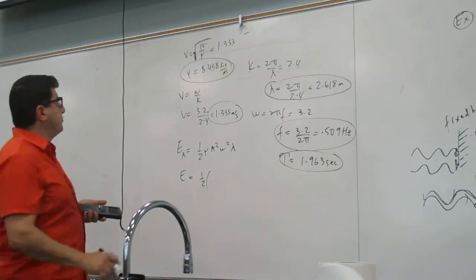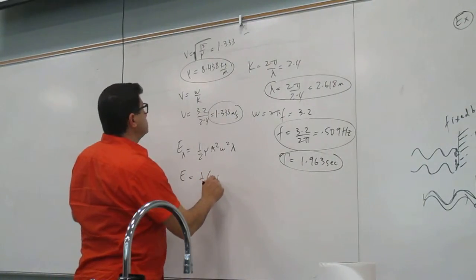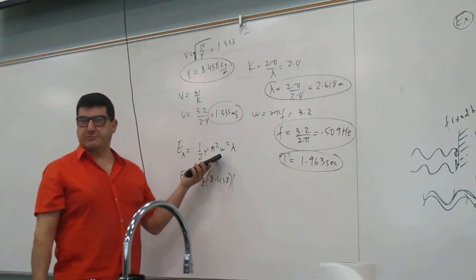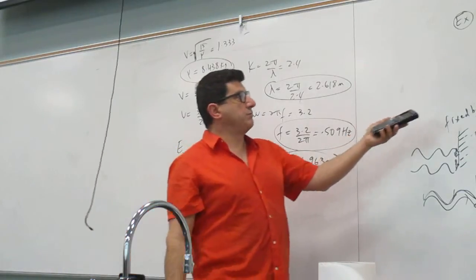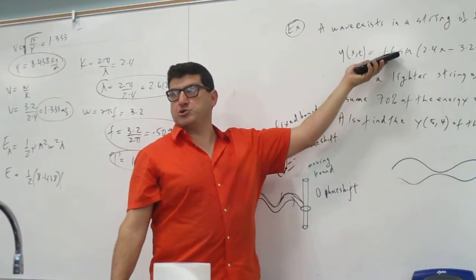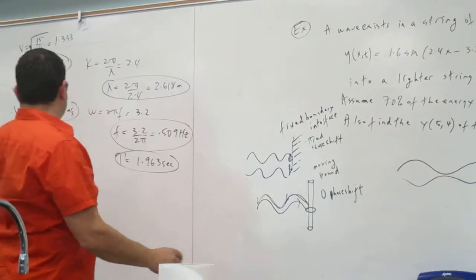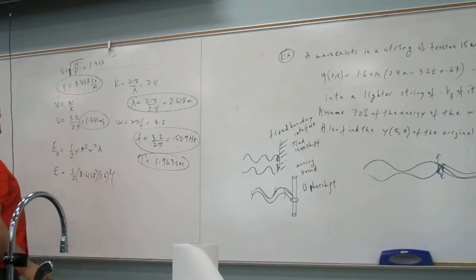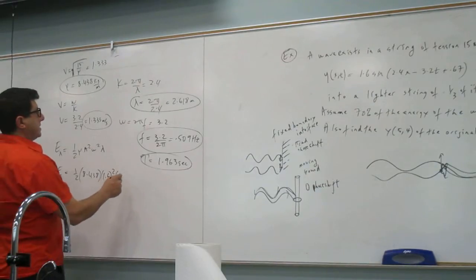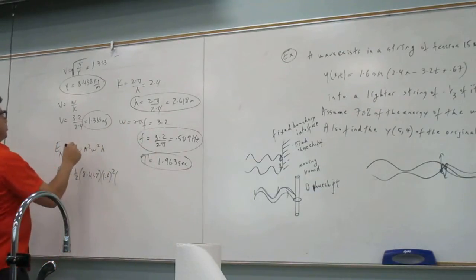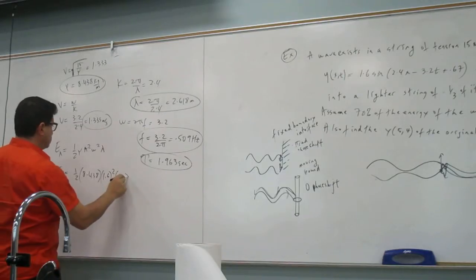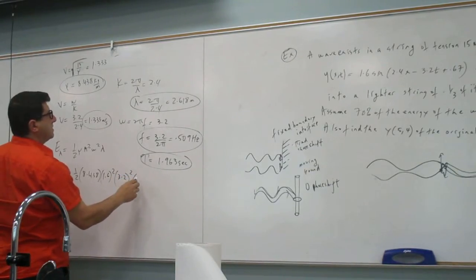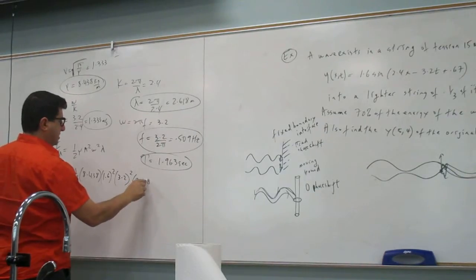Okay, so now we put that number here. The amplitude squared, what's the amplitude? Then that's your 1.6, right? The amplitude of the wave is whatever is in front of the sine. The frequency omega is going to be 3.2. And then the wavelength is going to be 2.618.